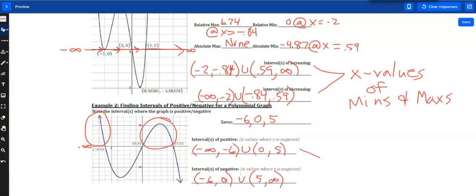But not these intervals of positive and negative. That's all about the zeros. Don't get them confused. And don't use y values on the increasing, decreasing either. Kids use y values all the time.